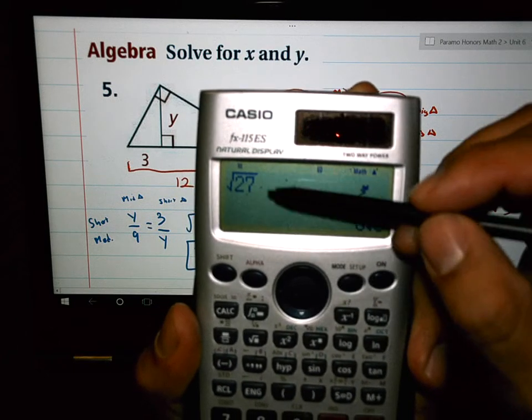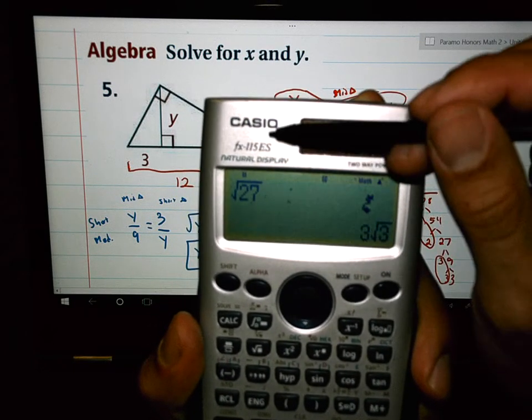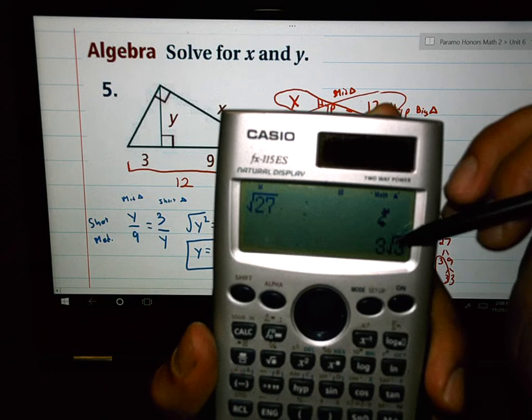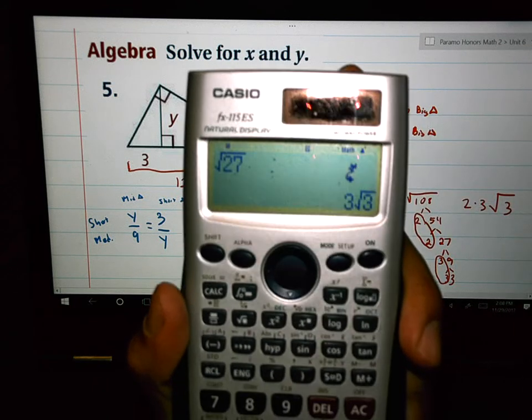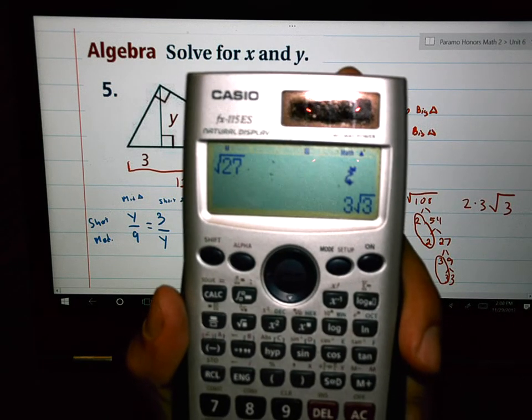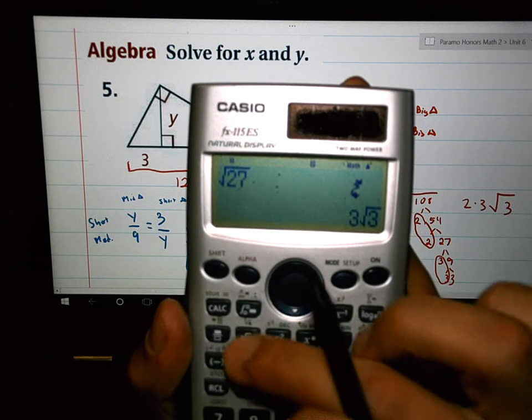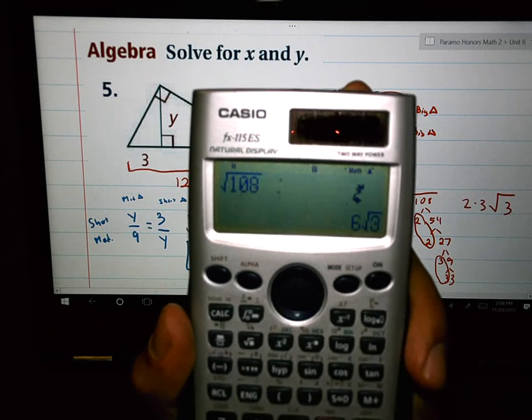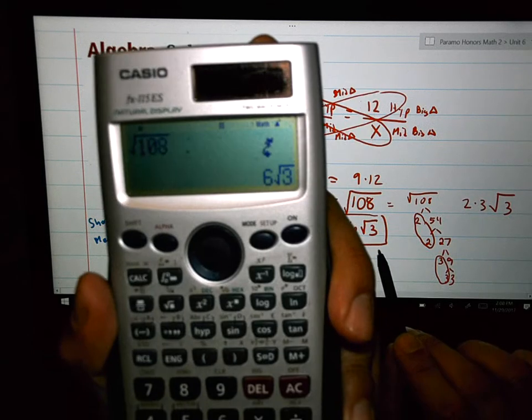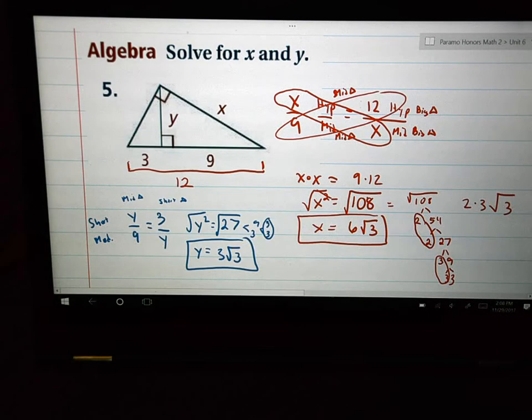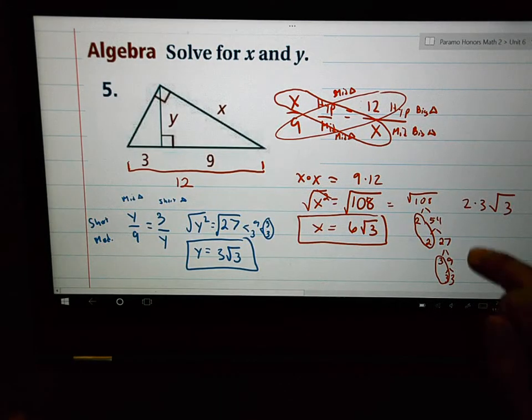These ones, the Casios, the ones I recommended, do things in radical form, which is kind of nice when you're double checking your arithmetic. You can even do the square root of 108 like we did before, and it will double check your 6 root 3 that you had before. Hopefully that helps you.